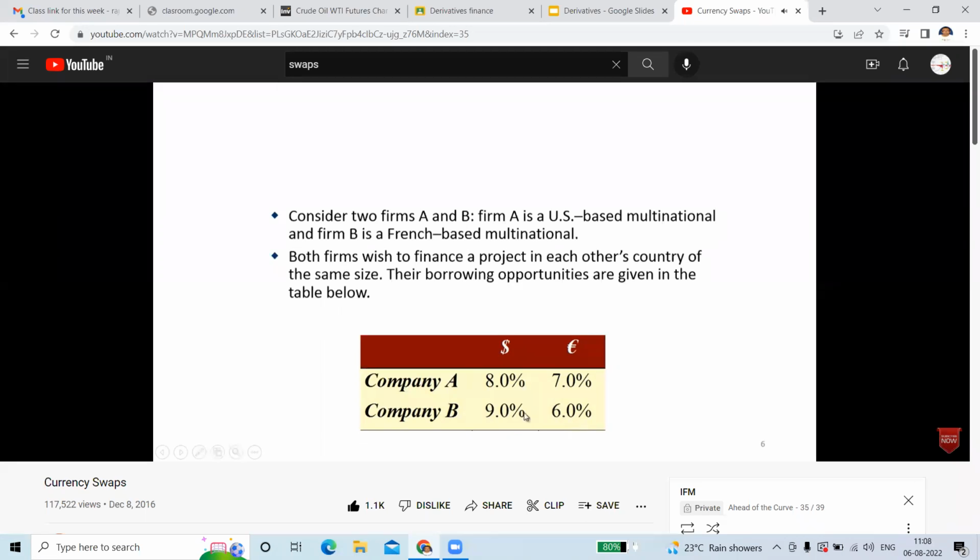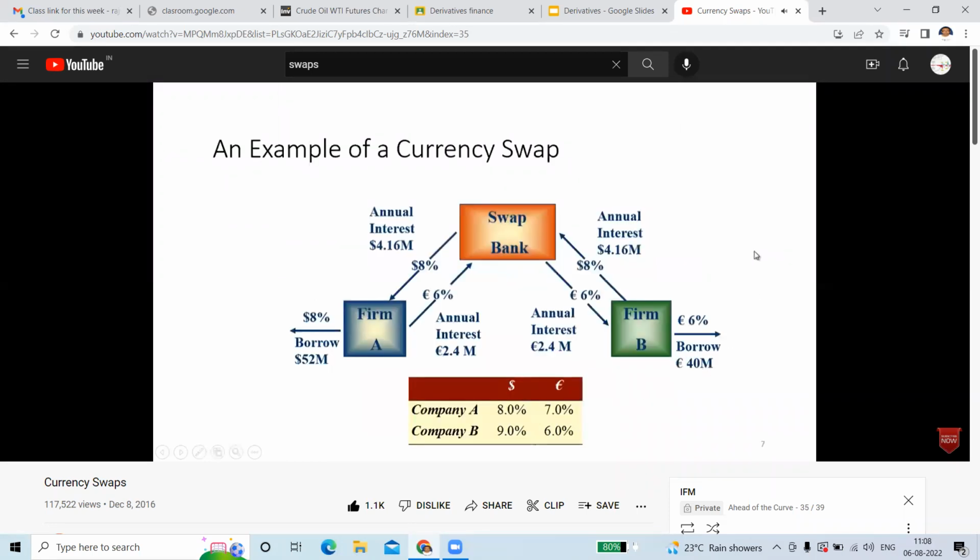So you can see that each one has an advantage. Actually, B has an absolute advantage in borrowing euros, and company A has an absolute advantage in borrowing dollars. All right, so let's see what happens here.